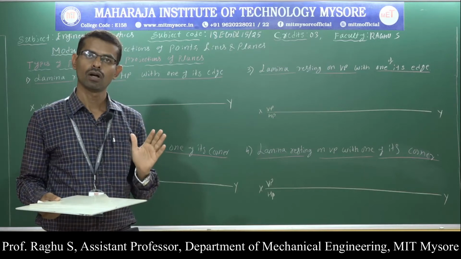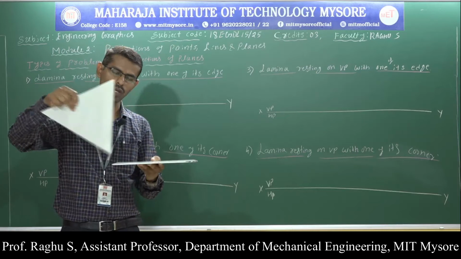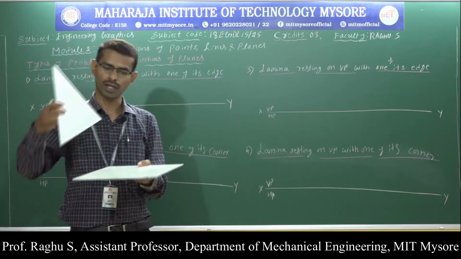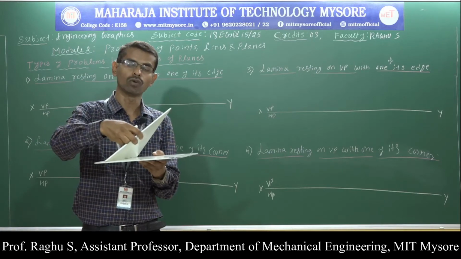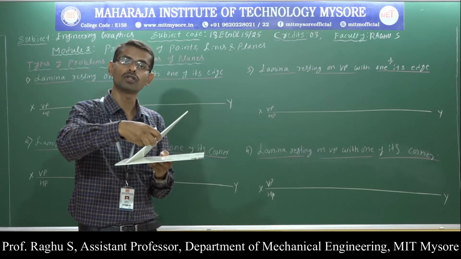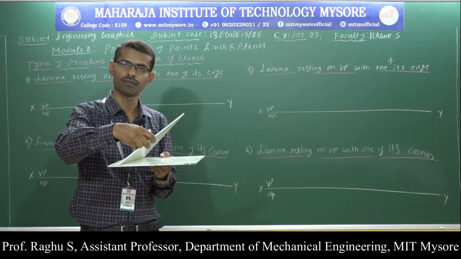Next, assume that the lamina is resting on the horizontal plane. Assume that the square lamina is the horizontal plane. Now check whether the lamina resting on HP is on one of its corner or side.